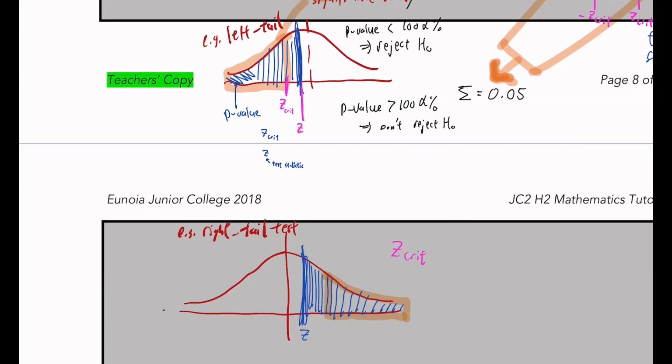Like for this side. For the right tail test, where's my Z crit? Right here. Okay, I think you meant to move it here, is it? Where? Here, along the edge of the orange line, right?